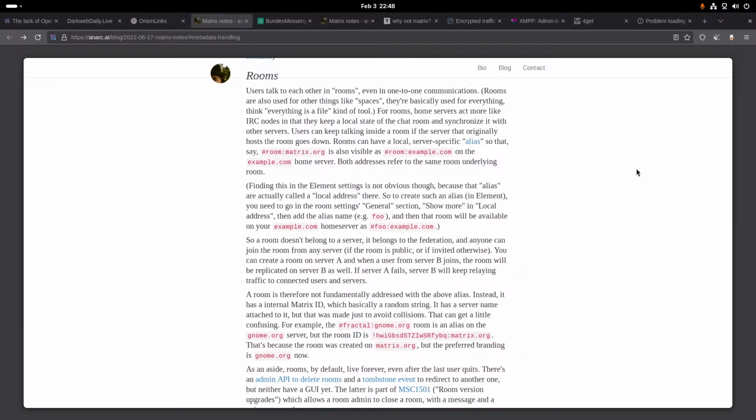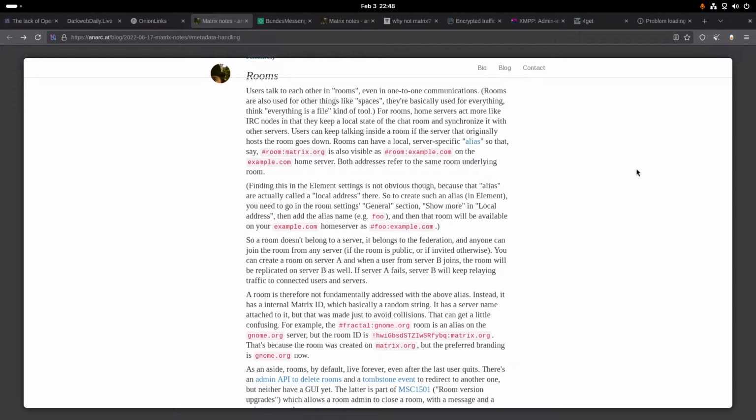So rooms don't belong to a server, they belong to the federation, and anyone can join the room from any server if the room is public or if invited. You can create a room on server A, and when a user from server B joins, the room will be replicated on server B as well. If server A fails, server B will keep relaying traffic to connect users and servers.